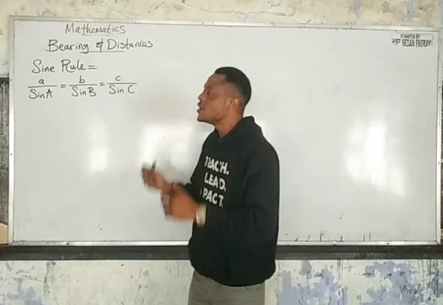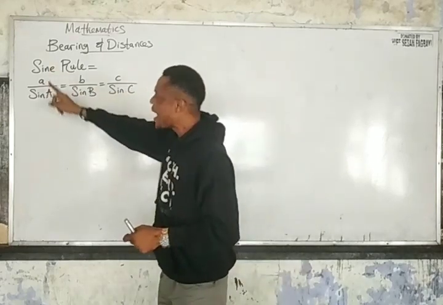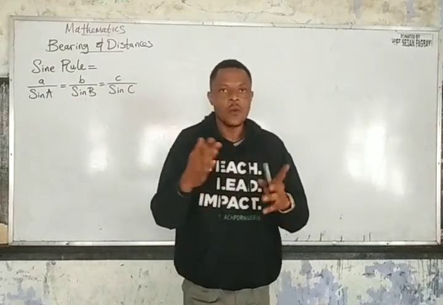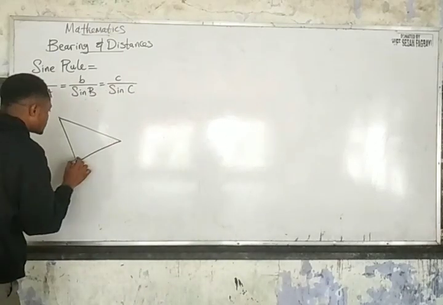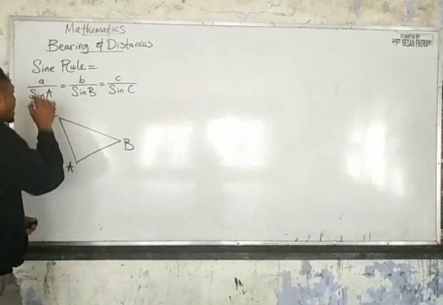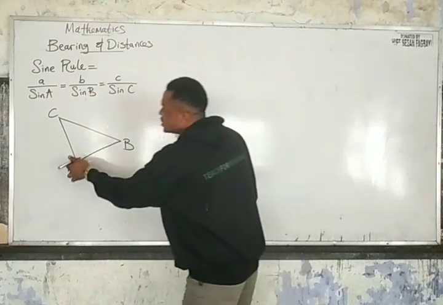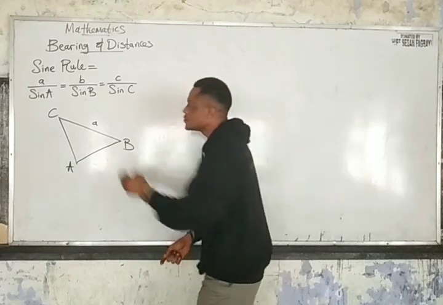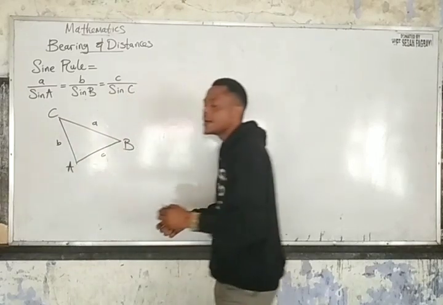Now, working on this, we will ensure that the side and the angle of at least three are found. What am I trying to say here? Let's say we have a triangle like this. If this is angle A, angle B, and angle C, from our knowledge of trigonometrical ratios, the side opposite angle A will be a, this one is small letter c, and this is small letter b.